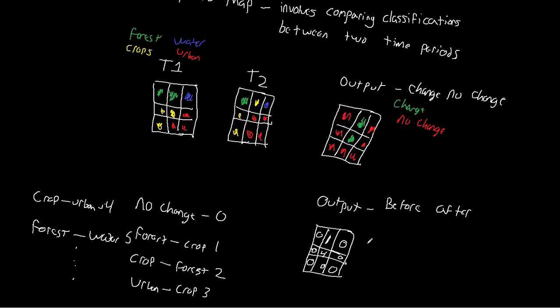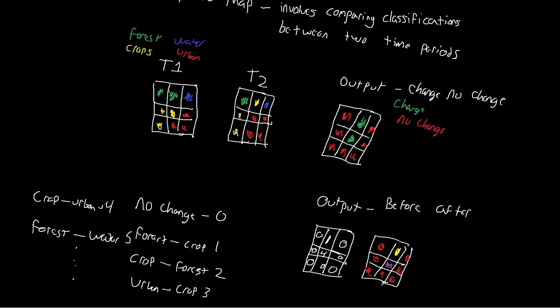Okay? Now, when you see the results in ArcGIS Pro or some other viewing software, what you'll typically see is something like this. And again, I'm just picking colors at random here.